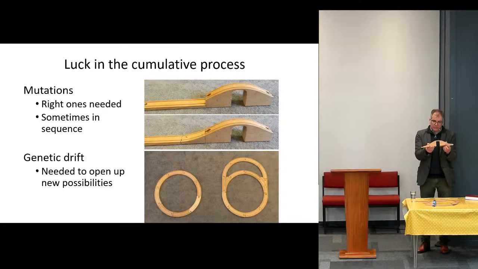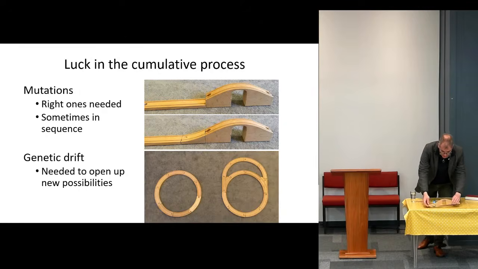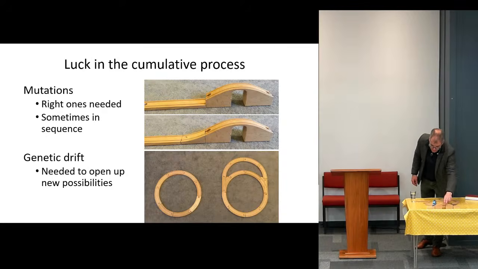The probability of that happening just by chance is much, much lower than just having any old piece join. And remember, already we're needing quite a lot of luck to get pieces to join in the first place. And so in a biological system, this is like having to have 3 mutations in a row where you need 3 exact mutations all happening together before you get the improvement that you need.